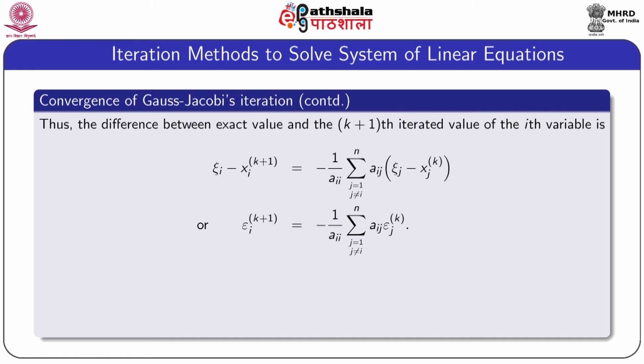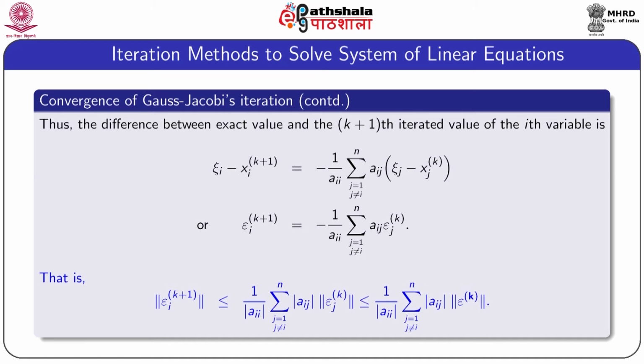So we write xi minus xi^(k+1) as epsilon i^(k+1), that means this is the error occurred at the k plus 1 iteration for the variable xi, which is equal to minus 1 by aii summation over j equal to 1 to n, j not equal to i, aij epsilon j^k. So this gives the error expression at the k plus 1 iteration, and that one depends on the error occurred in the kth iteration.